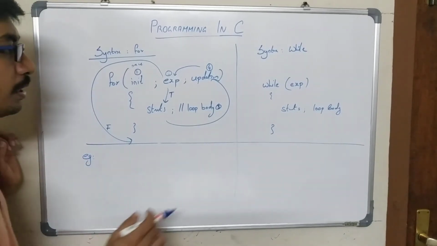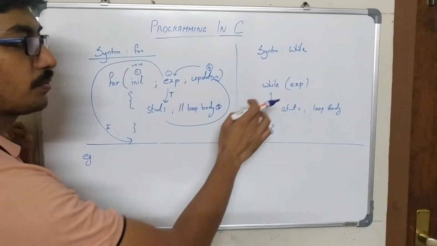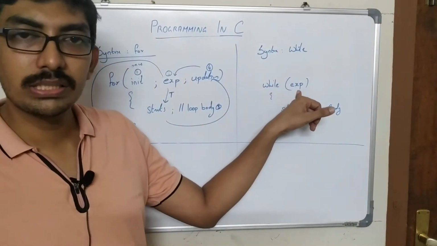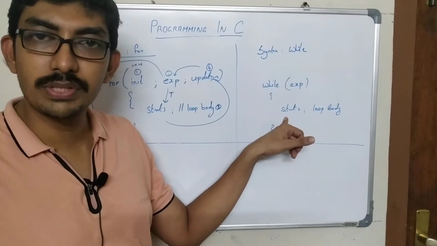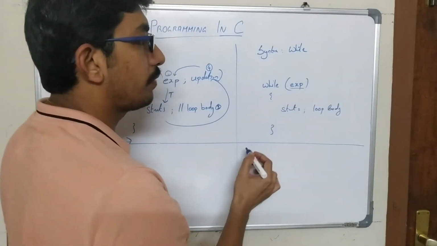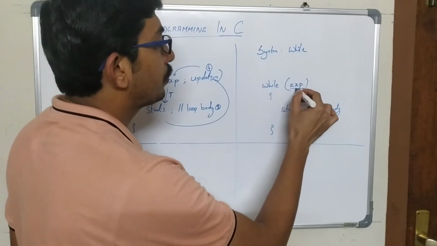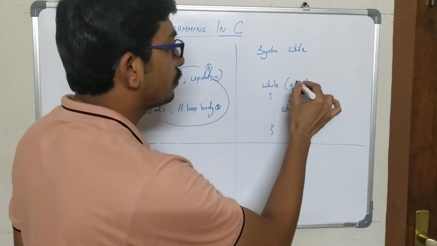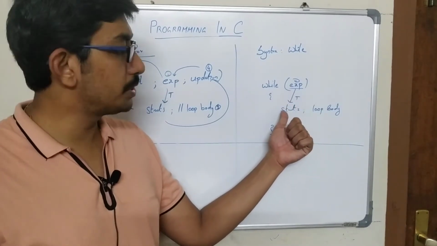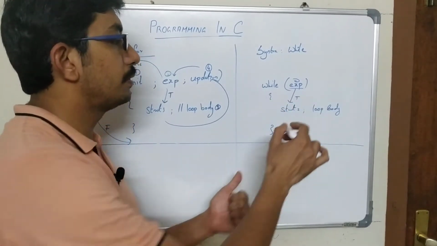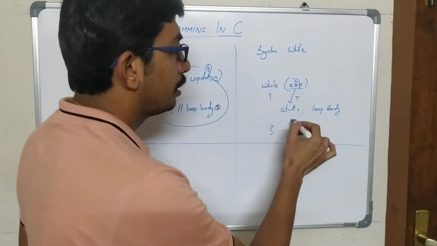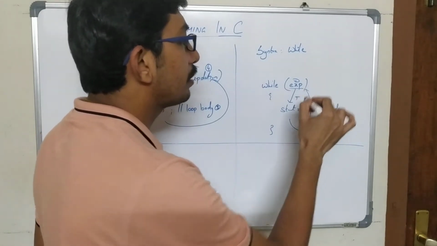Okay. And similarly, we will see while. Here you can see in the case of while, you are having an expression and a set of statements. First the expression is evaluated. If it is true, the statements will get executed, and after the end of the loop body, control will go back to the expression.